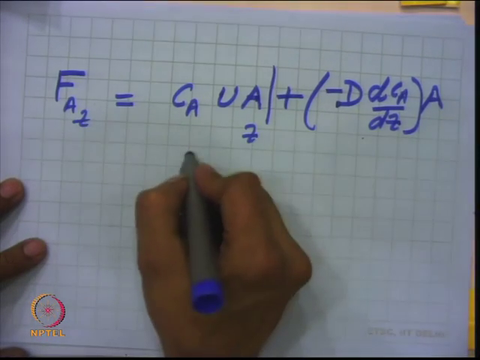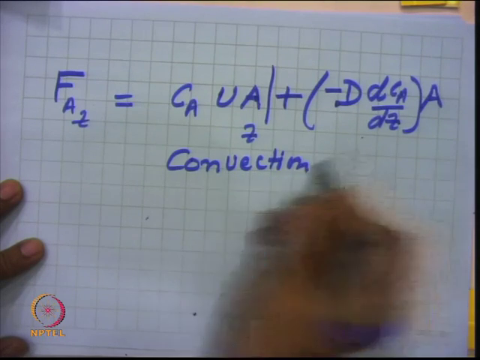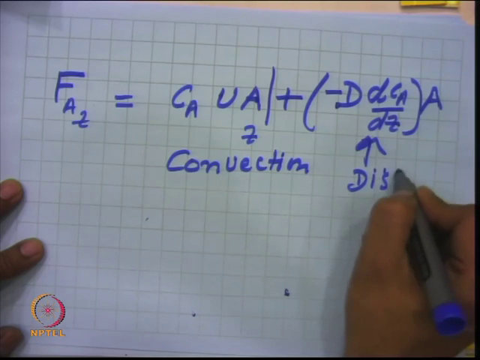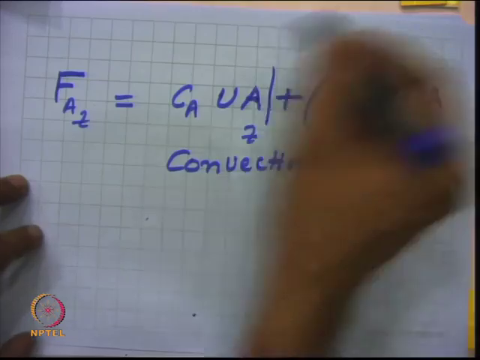So, this is your convection term, and this is now your dispersion term, and a kind of non-ideal parameter.